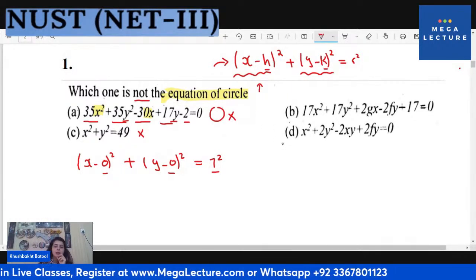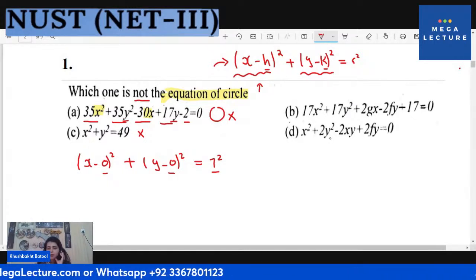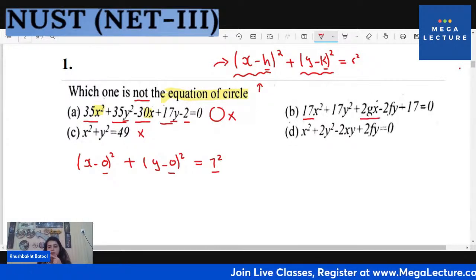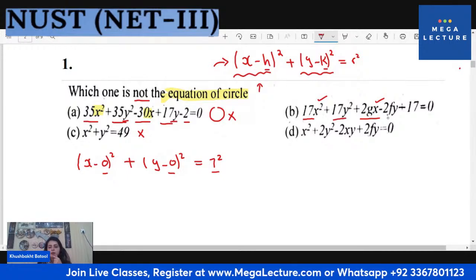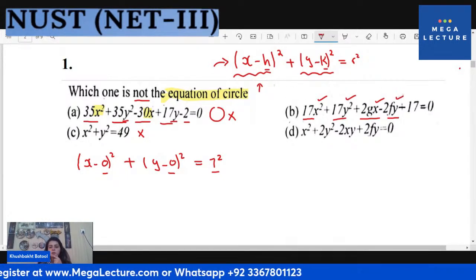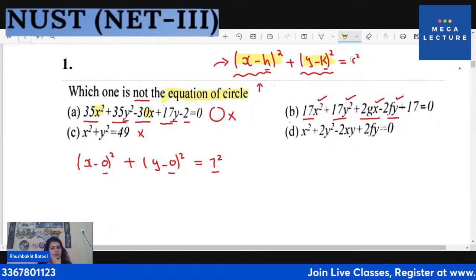Okay, let's look at option B. What is happening in B? 17x² + 2gx. Again we have the x term and the x² term, 17y² and 2fy. Again I have the y² and y term, so I would be able to make something of this type, something of this type, and then the radius as well.